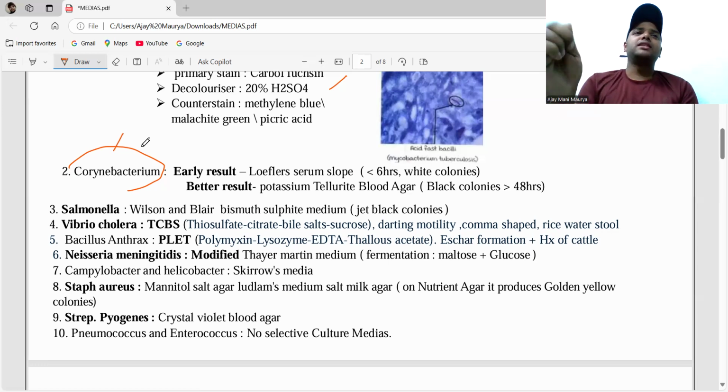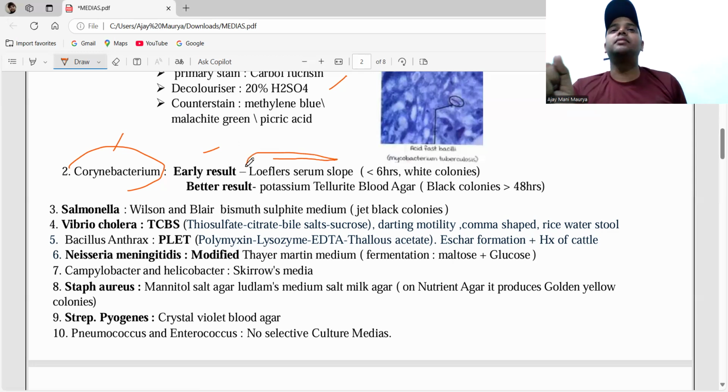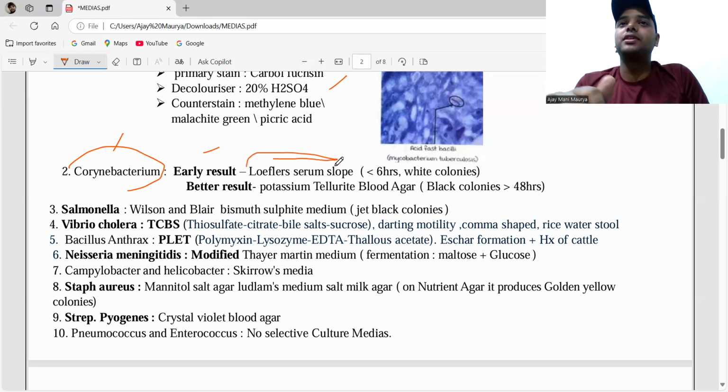So, guys, for the Corynebacterium, if you want to get a very early result, you have to go with the Loeffler's serum slope. You will get the result within 4 hours. It shows white colonies. And if you want the better result, the best one will be the potassium tellurite blood agar.